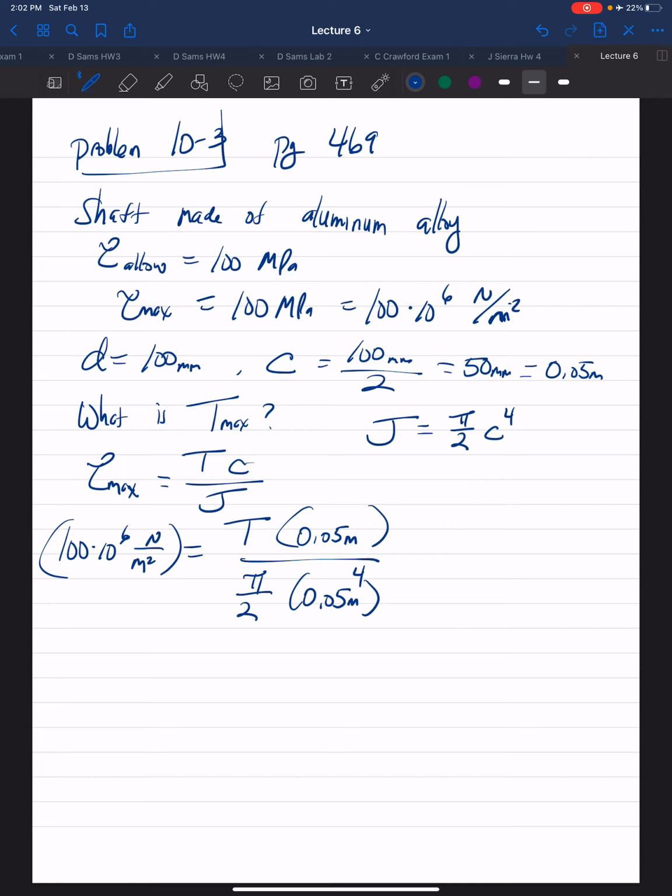So now we just have to plug this into our calculators and solve for our one unknown, T. So then our torque here comes out to be 19.63 times 10 to the 3 Newton meters. We can write that as 19.6 kilonewton meters. So that's our maximum torque for this configuration.